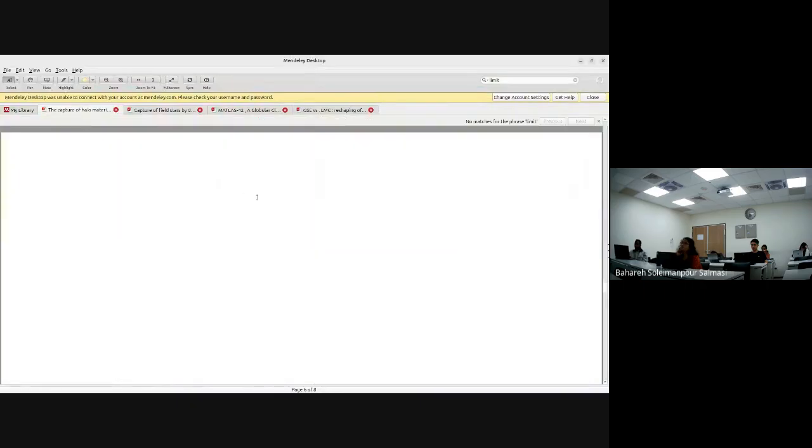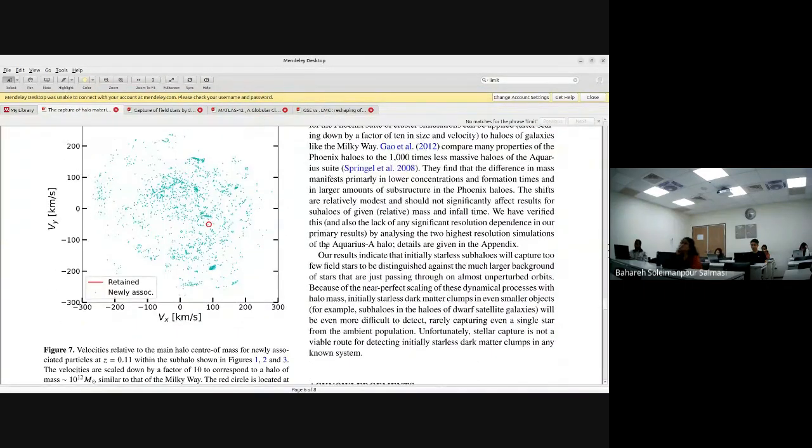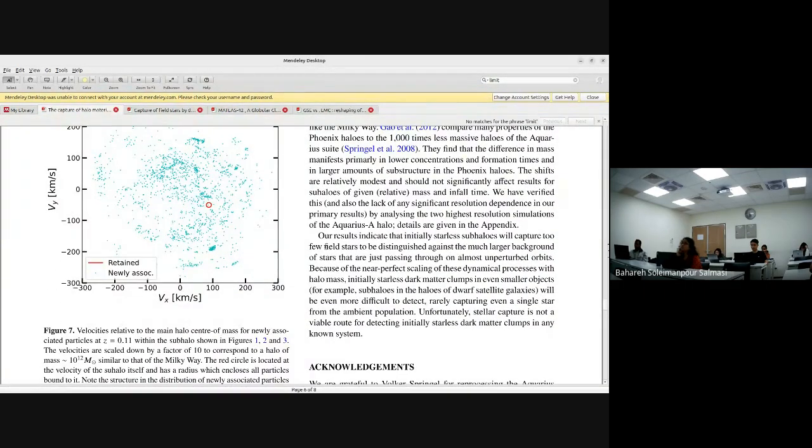And the final figure they want to show is figure 7. They put the velocity space, and the red circle is the escape velocity of this subhalo. You can calculate the potential of this subhalo and then get the escape velocity.